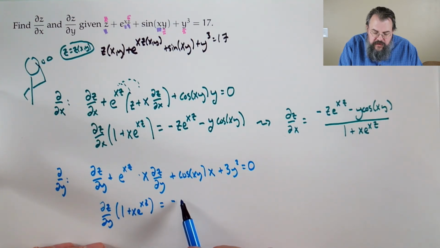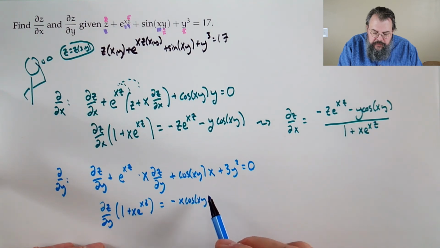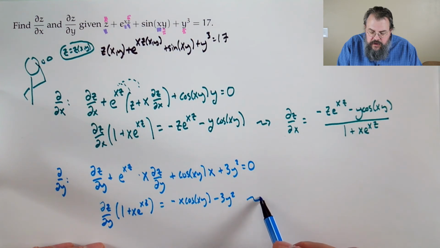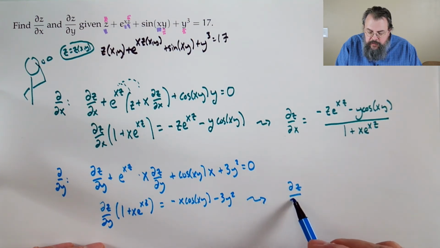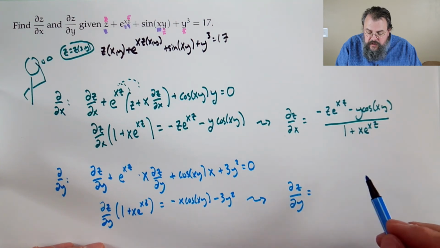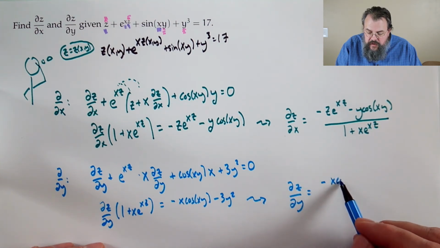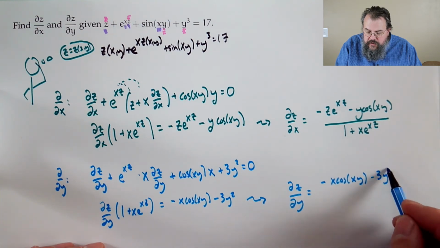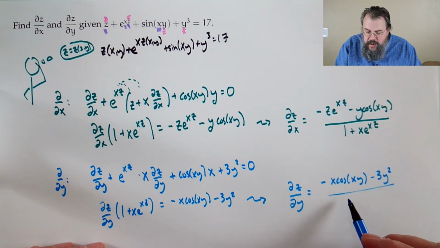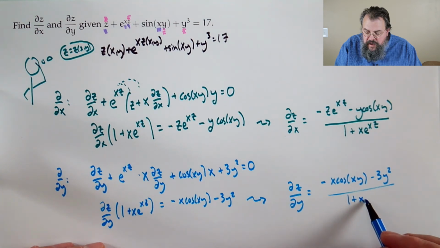So we'll have minus x cosine of xy minus 3y squared. And therefore, we come to the conclusion, after we divide, partial z partial y is minus x cosine of xy minus 3y squared. Divide that by 1 plus x e to the xz.